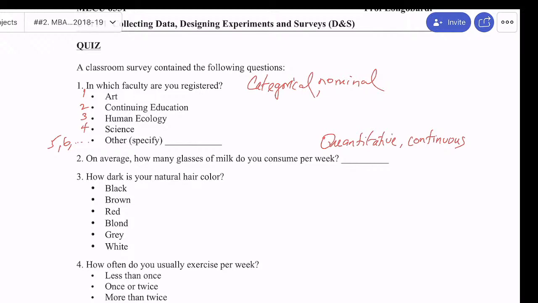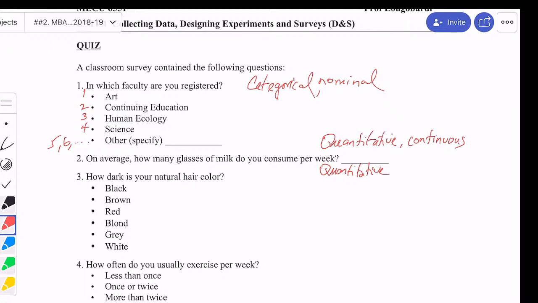For the next one, how dark is your hair color or natural hair color? What would you say there and why? Some people are saying that this one here was quantitative and discrete. If you saw it like that and you interpreted, students don't like when there's ambiguity, but that's reality, okay?